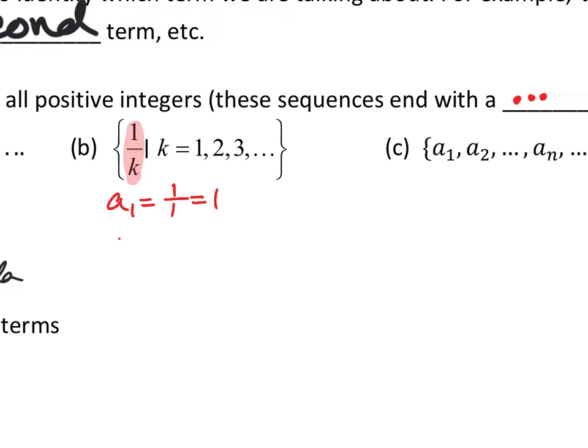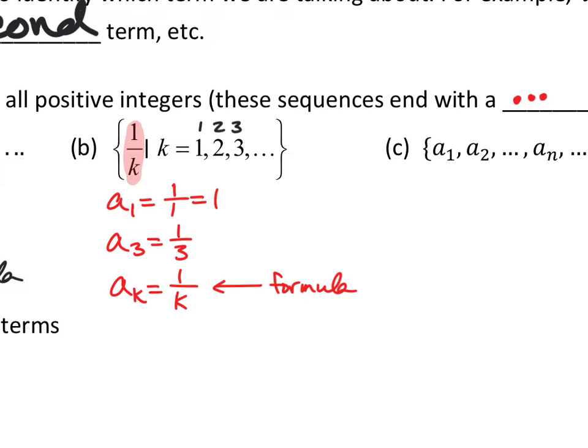If I asked you maybe what a sub 3 is, okay, well, here's the first term, second term, third term. We're going to be plugging in that 3, the k, and we would end up with 1 over 3. So any general term, a sub k, is going to be 1 over k. That becomes the formula for this sequence.